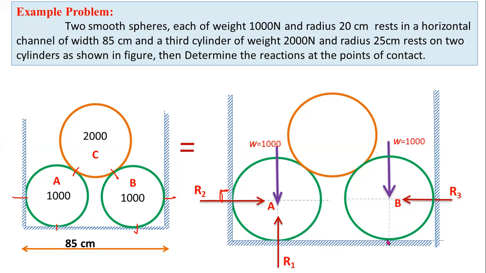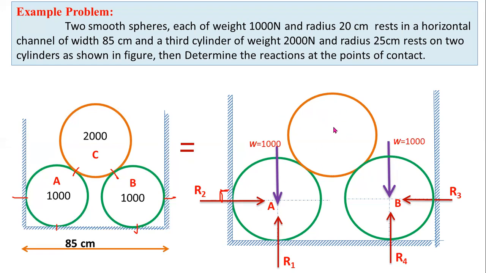In a similar way, here there is a horizontal support, so you have to consider a vertical reaction. R1, R2, R3, R4, 4 reaction forces. Here and here there are 2 contact points and these 2 surfaces are movable. These 2 surfaces are also movable. So you have to consider 2 equal and opposite reactions.